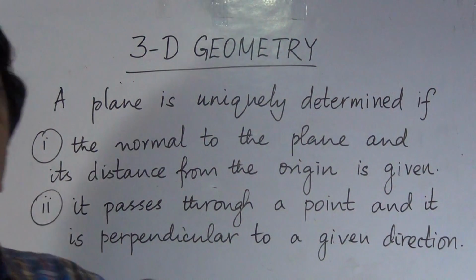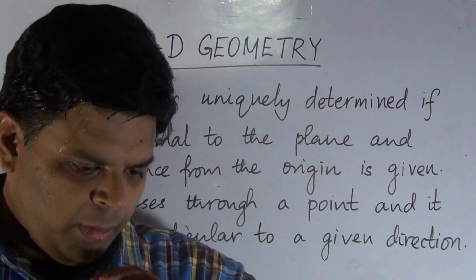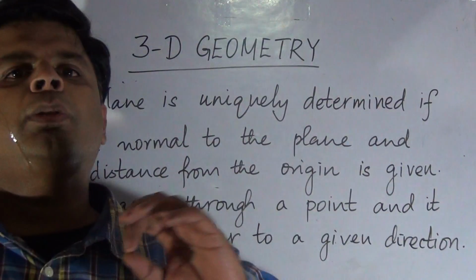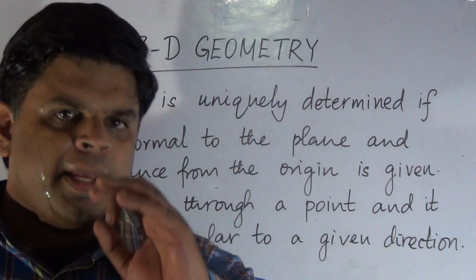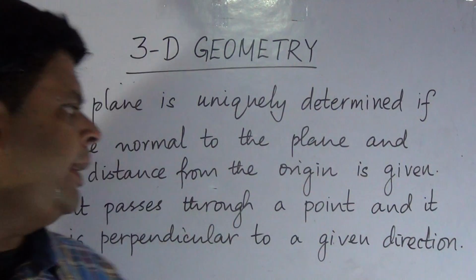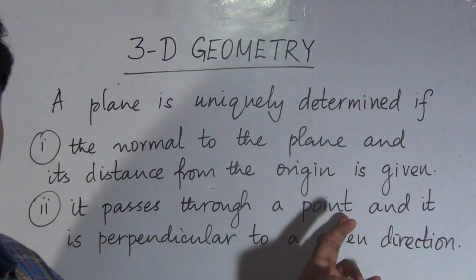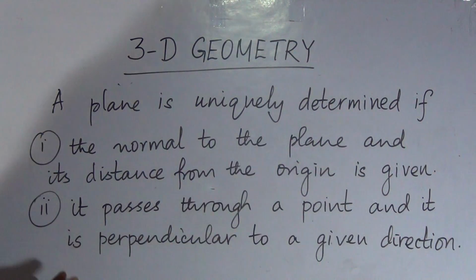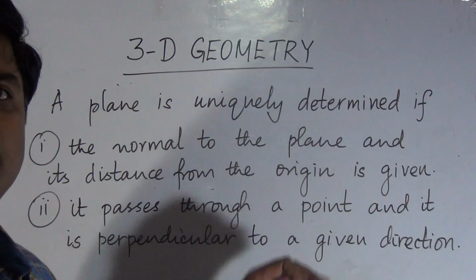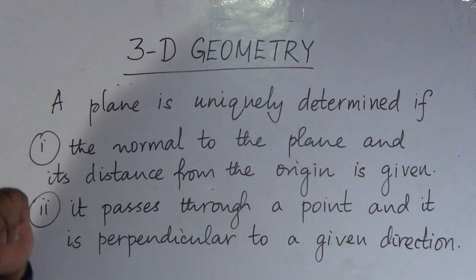Right? This is like the point slope form of a straight line. Once I know a point through which the straight line passes and I know the slope, I can exactly tell what is the equation of a straight line. Similarly, if I know that the plane passes through a point and I know that it is perpendicular to a given direction, I can immediately find what is the equation of a plane.